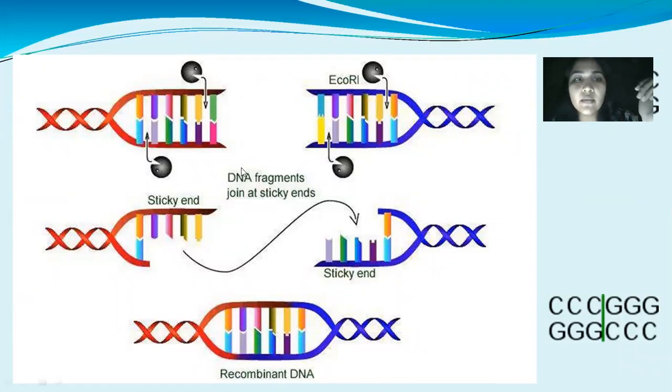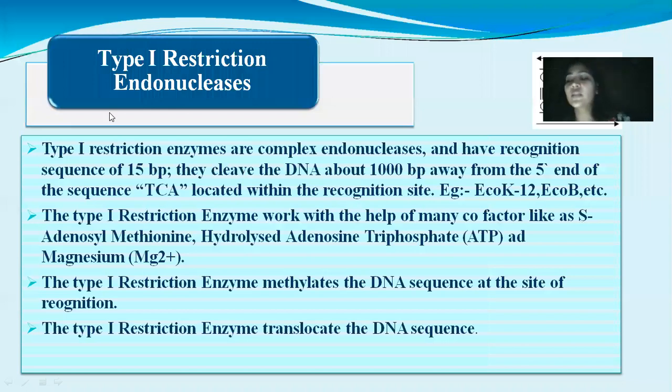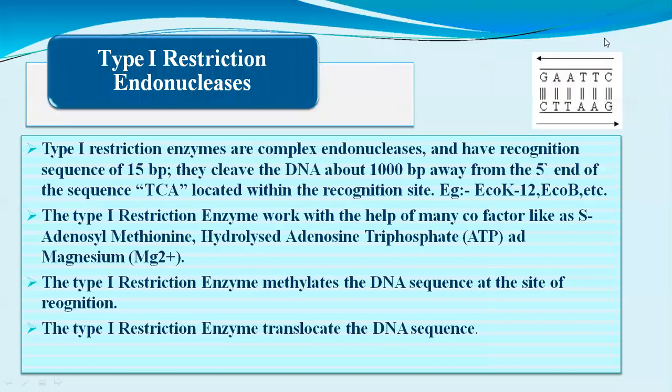Then moving on, type 1 restriction endonuclease. We'll be discussing the types of restriction enzymes now. Type 1 restriction enzymes are complex endonucleases and have a recognition sequence of 15 base pairs. So they can basically recognize a sequence of 15 base pairs.